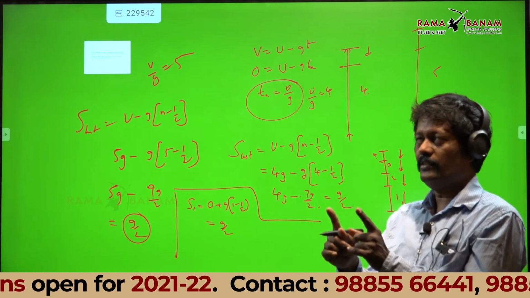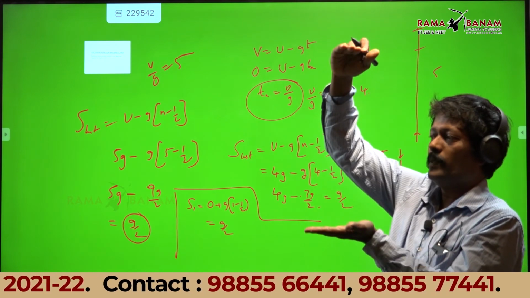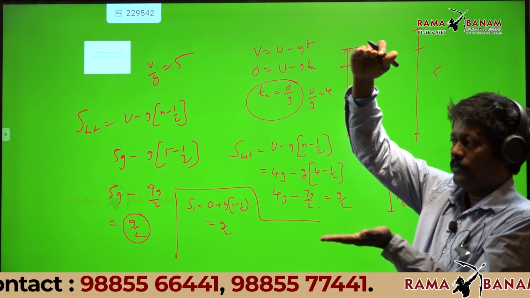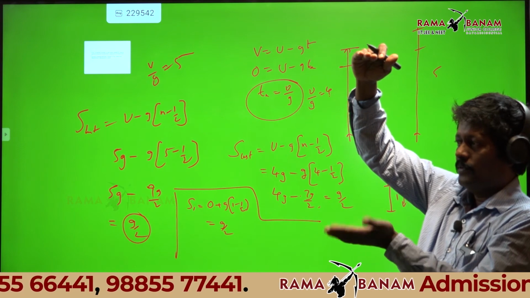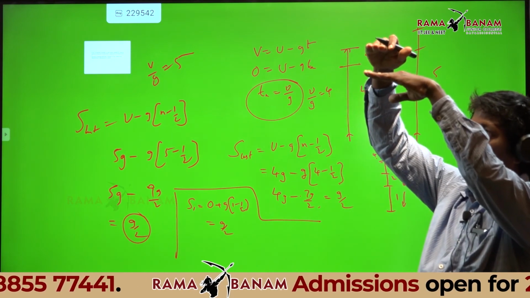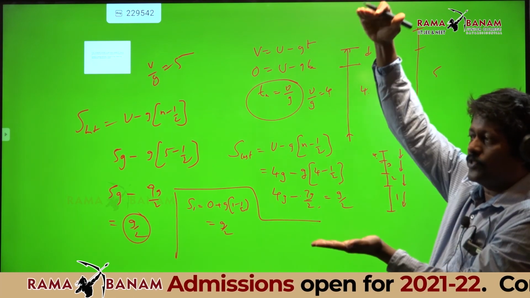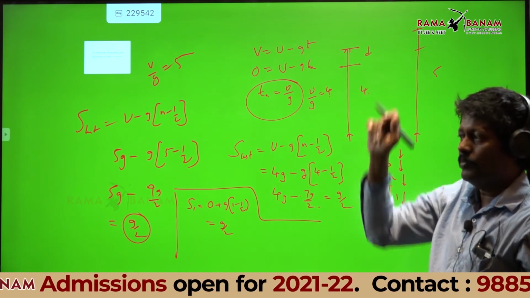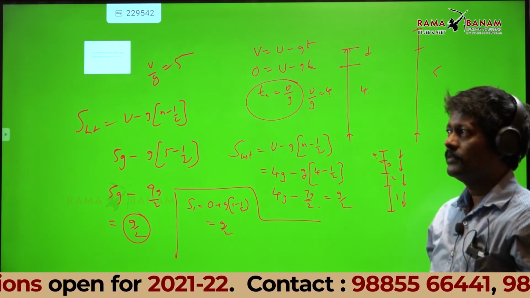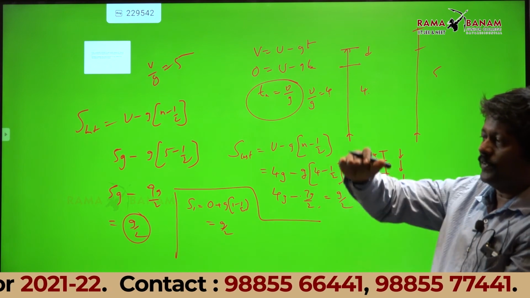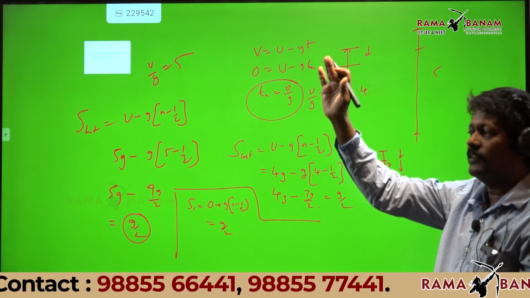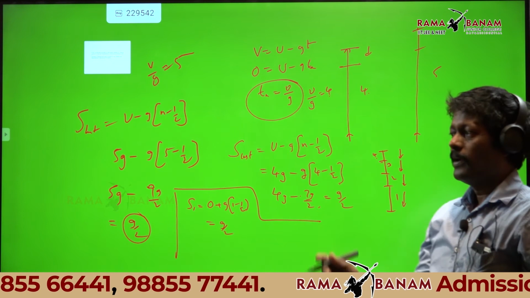I gave in the question the total time of ascent is 4. Last second D. If the total time of ascent is 5, last second how much? D. If it is 10, D. It will not change.